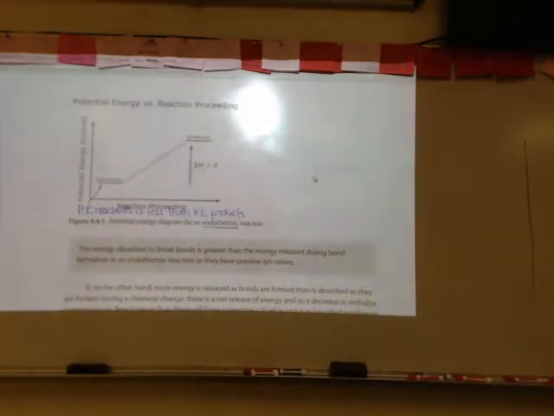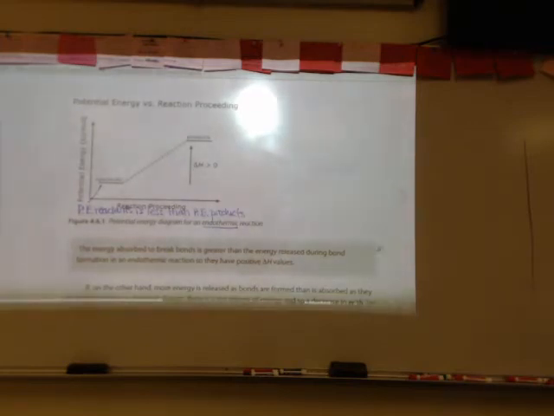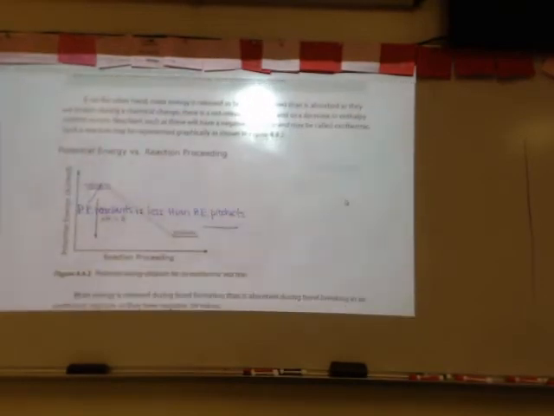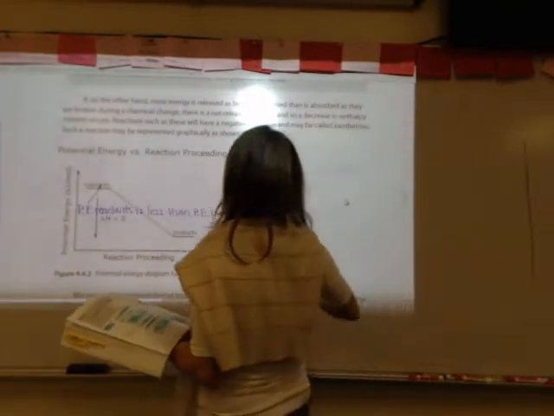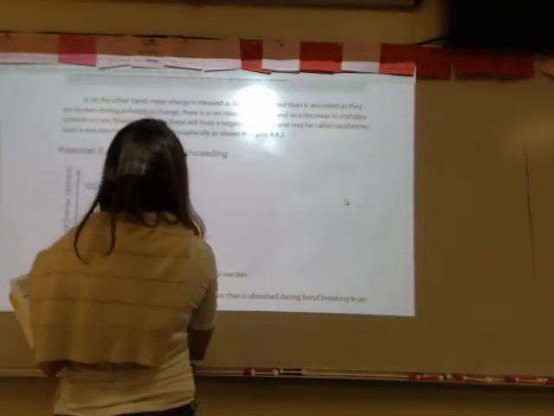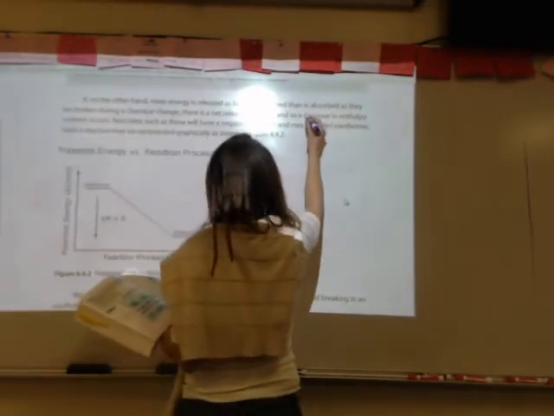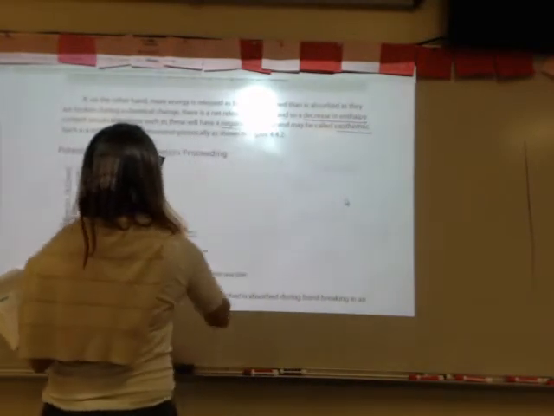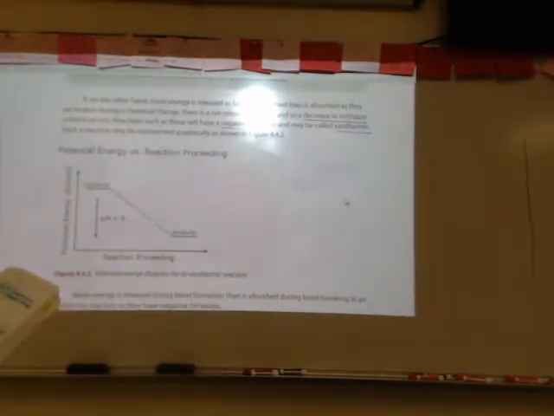So if you have more energy released as bonds are formed than is absorbed as bonds are broken, you're going to end up having a net release of energy, and there would be a decrease in enthalpy, and this would be an exothermic reaction, which would have a negative delta H value.